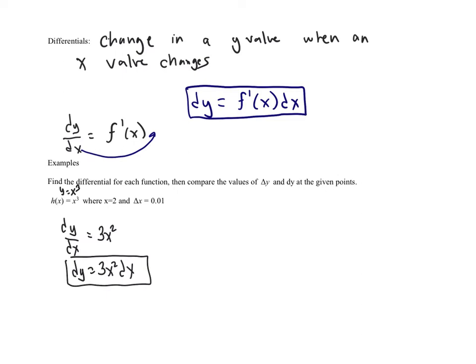So let's talk about what this means. This is saying our x value starts at 2.00, and it's going to change by 0.01. So we're trying to see how much the function changes from 2 to 2.01. Well, to do this, we can find the y value at 2.